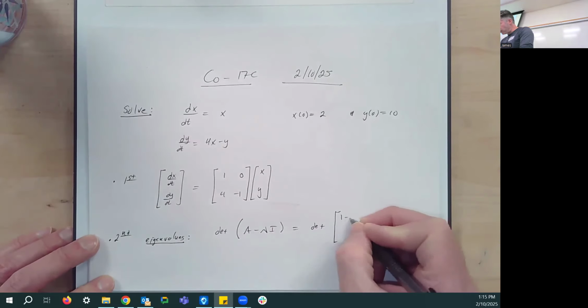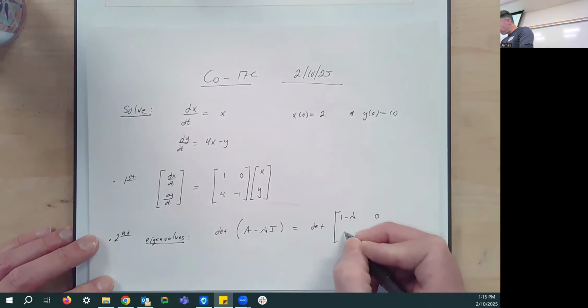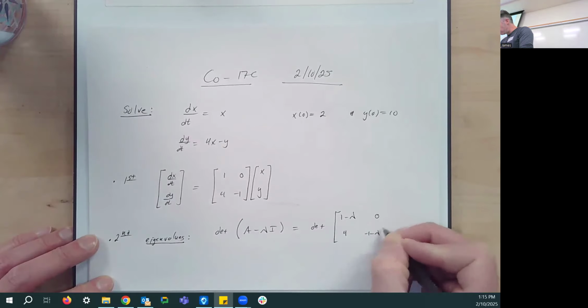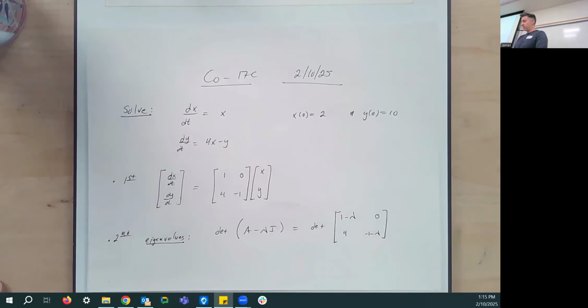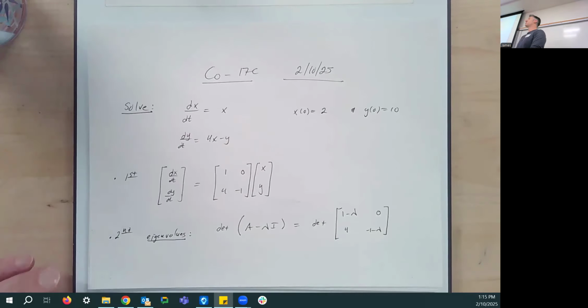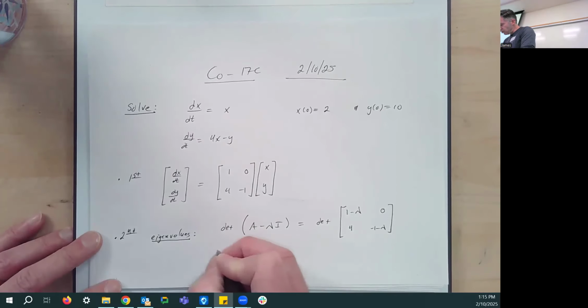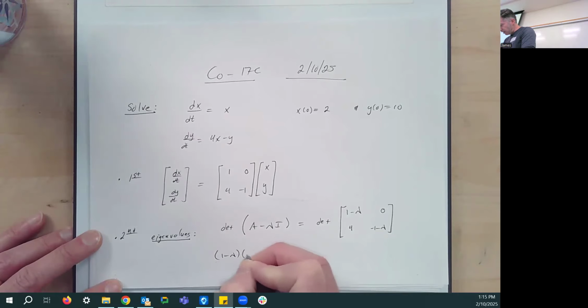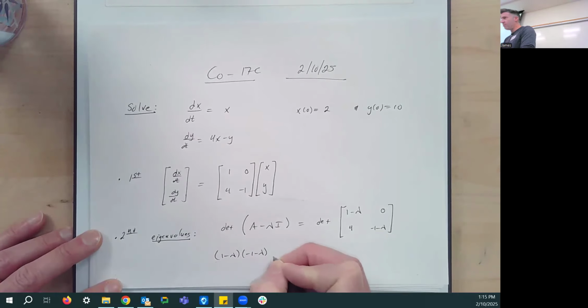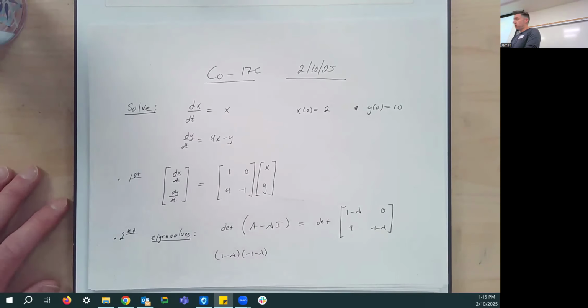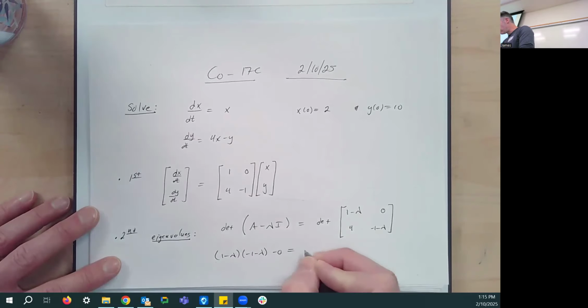It's 1 minus lambda, 0, 4, -1 minus lambda. And then we can take the determinant of that. And here's actually the thing I wanted you to see that's special about this. We're going to get (1 minus lambda) times (-1 minus lambda) minus 0, and we're going to set that equal to 0.